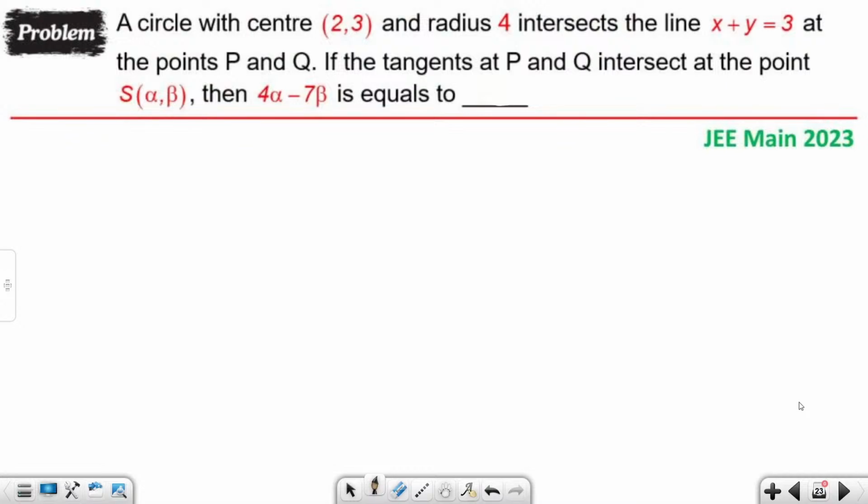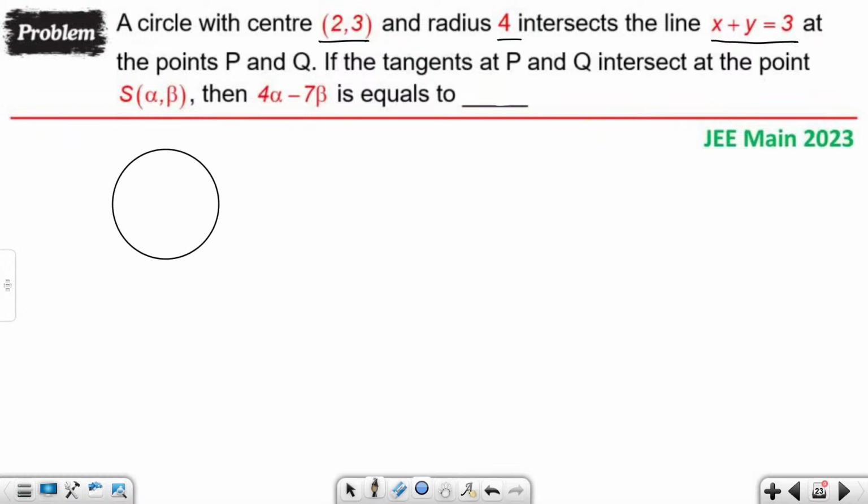This question came in JEE Main 2023. What is the question? A circle with center (2, 3) and radius 4 intersects the line x + y = 3 at the points P and Q. So let me just draw the diagram first. So we are having a circle.